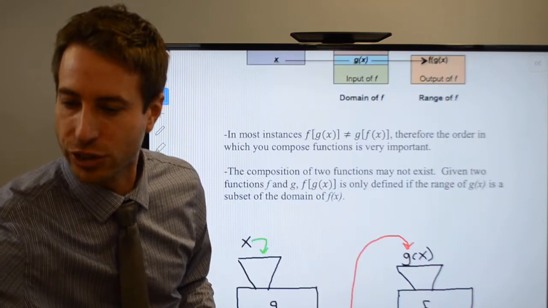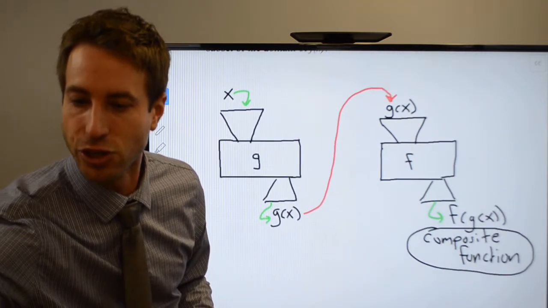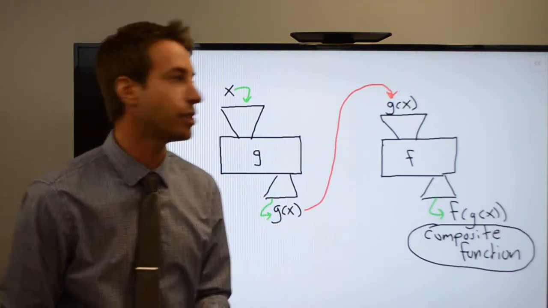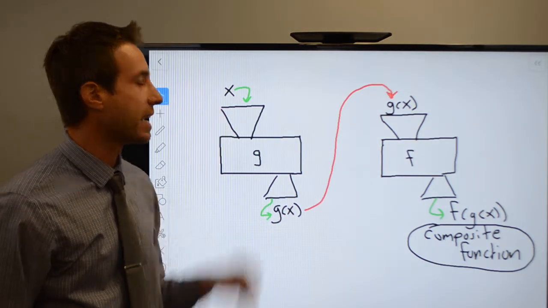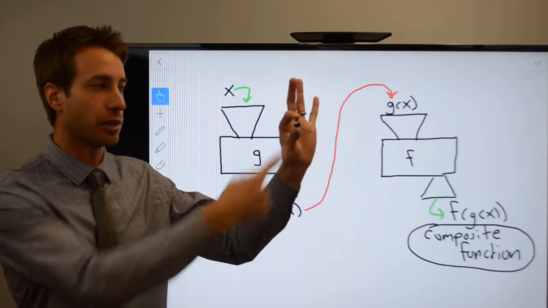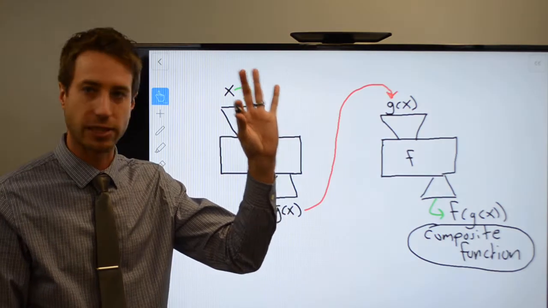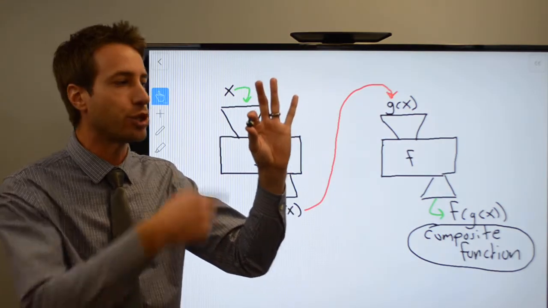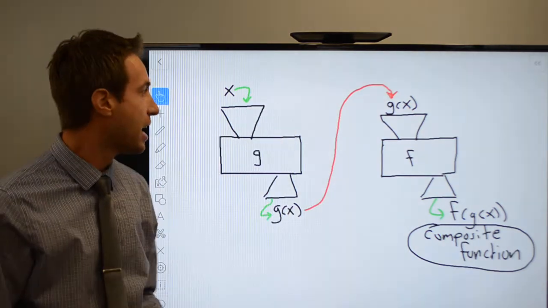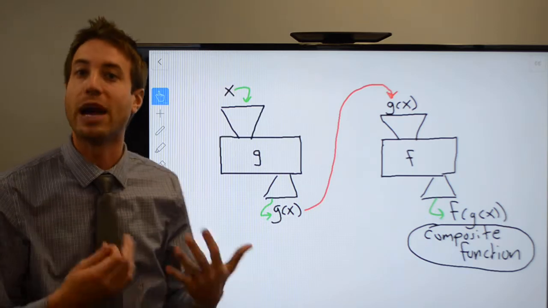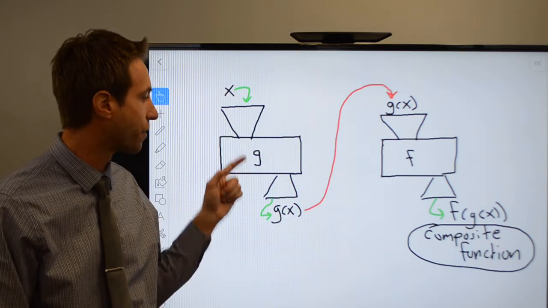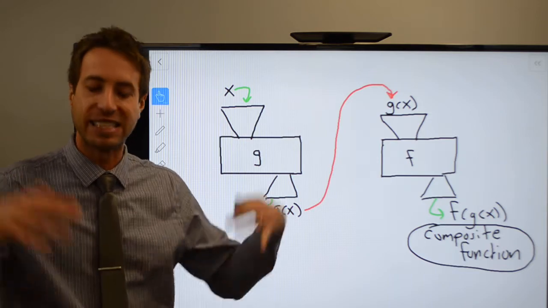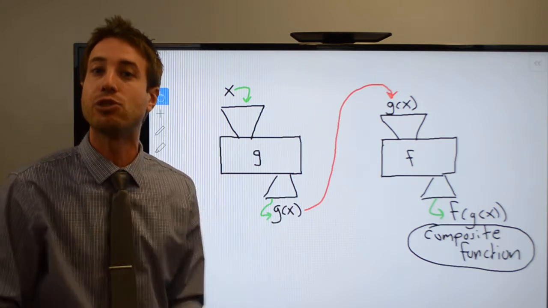What we generally do when we're dealing with functions is we ask you to pick some domain value, some value of x. We're going to call this our x. Now, you take that domain value and plug it into a function. We'll call our first function g. And that function gives you something new.